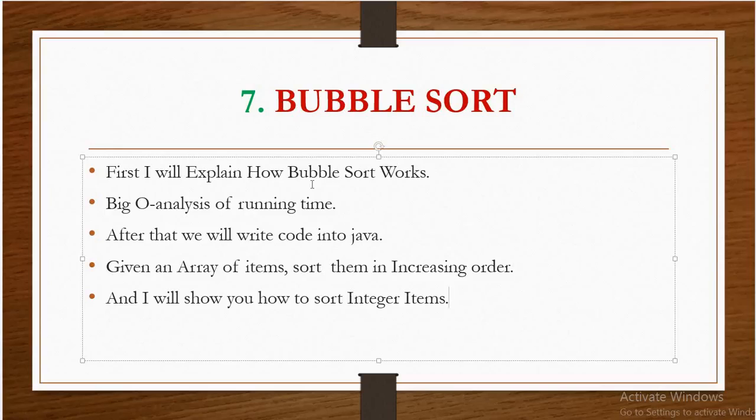After that we will write code in Java, and when we start to write the code, given an array of items I will sort them in increasing order, and I will show how to sort integer items, because in my example I will use an array of integers.